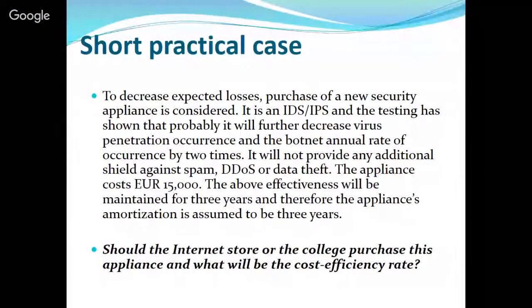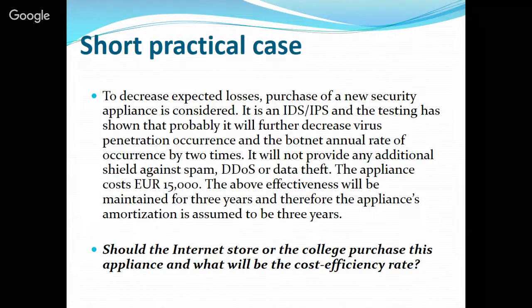To decrease the expected loss, the purchase of a new security appliance is considered: an IDS, IPS, intrusion detection system and intrusion prevention system. Testing has shown it will decrease virus penetration occurrence and botnet occurrence rate by 2 times.